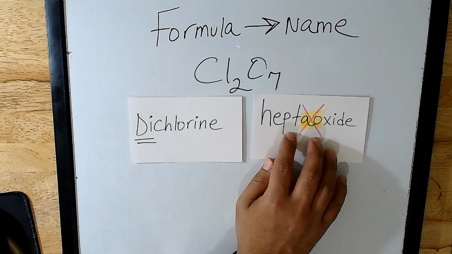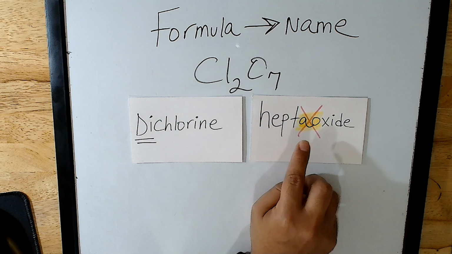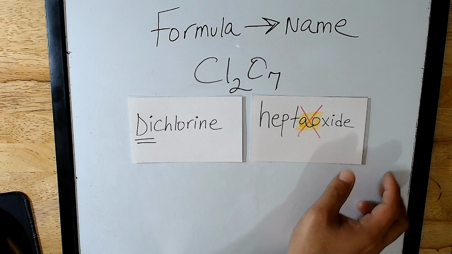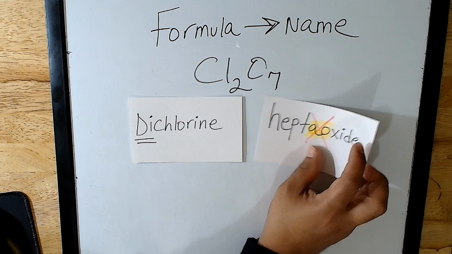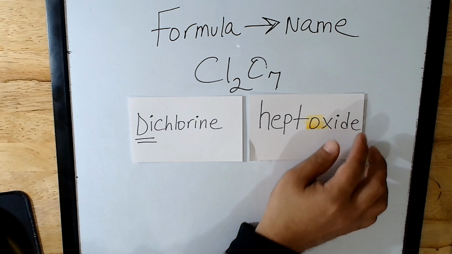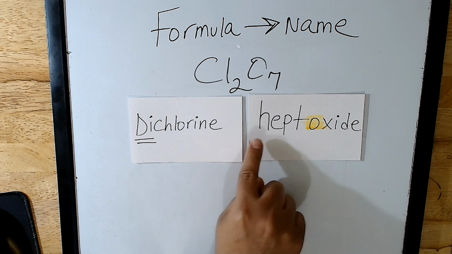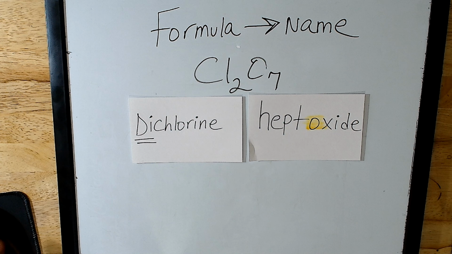However, when I do that, it presents a problem. Why? Because you cannot have an A and an O side by side. So you're going to have to remove the A, and the final chemical name is going to read dichlorine heptoxide.